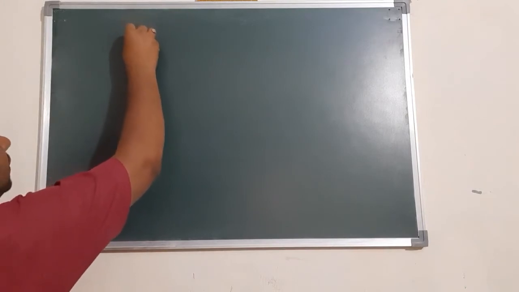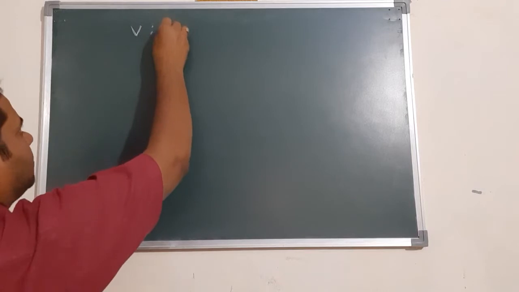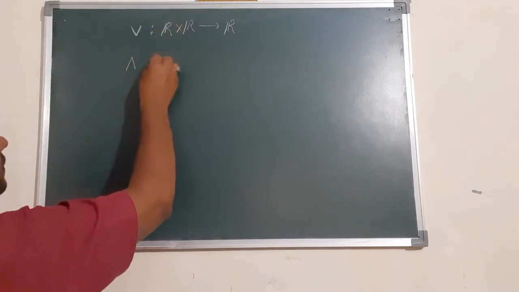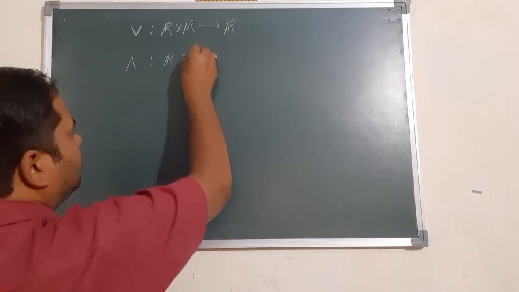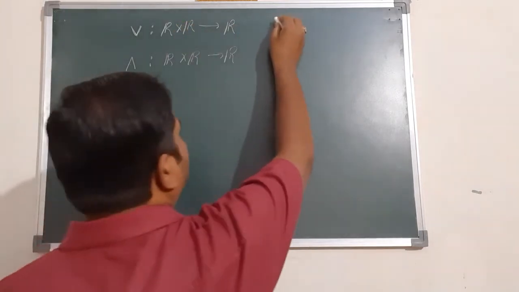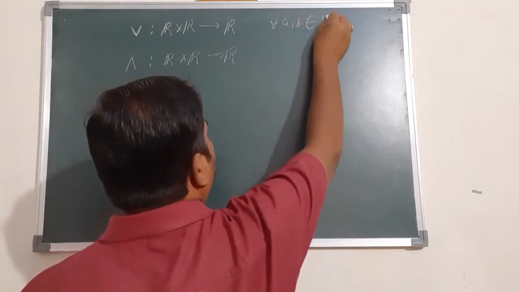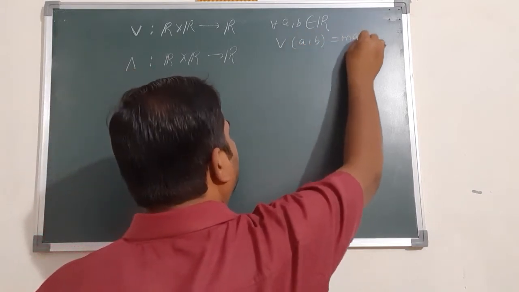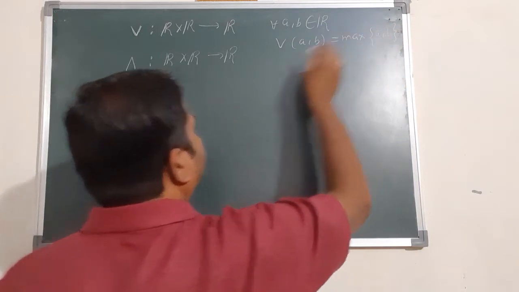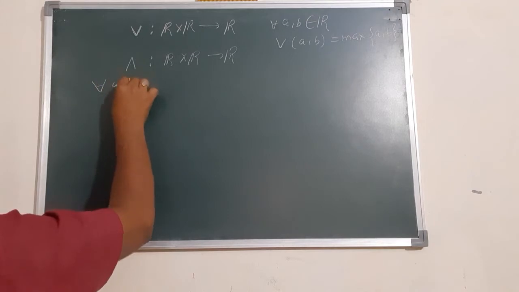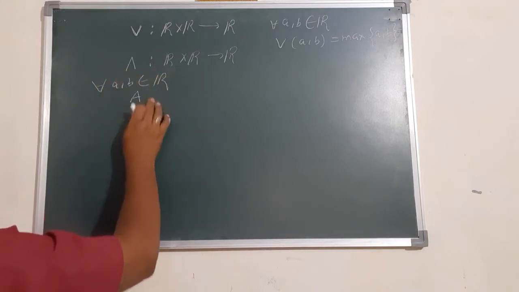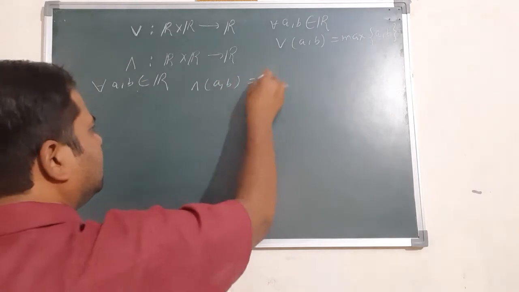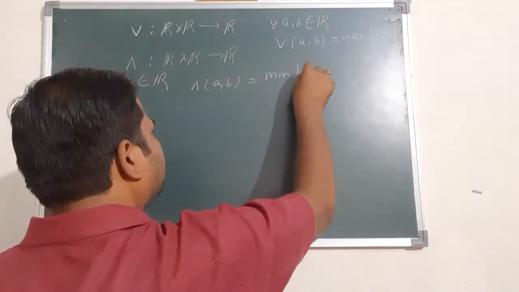This function is defined from R cross R to R, and this function is also from R cross R to R. For each A, B belongs to R, this is maximum of A, B, and this, for each A, B belongs to R, real number, is nothing but minimum of A, B.